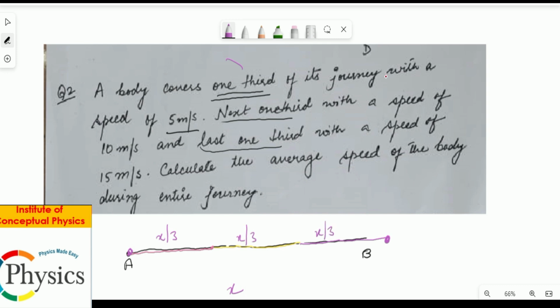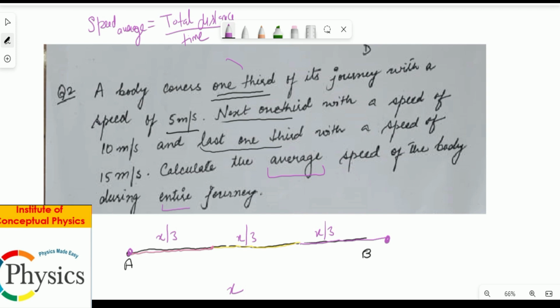When you do these questions, the first thing you find out is what the unknowns in the question are. You have to calculate average speed, right? Average speed is calculated with the help of total distance divided by total time.